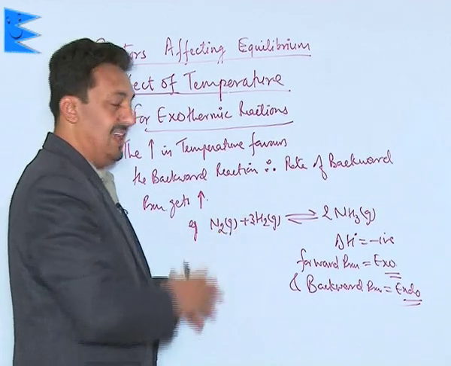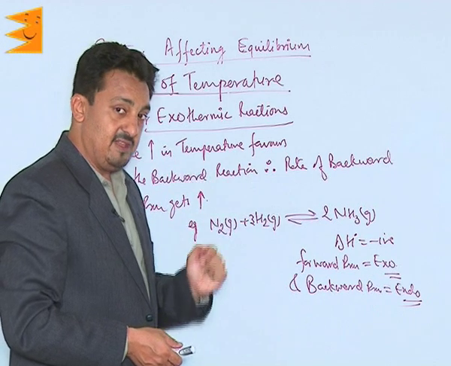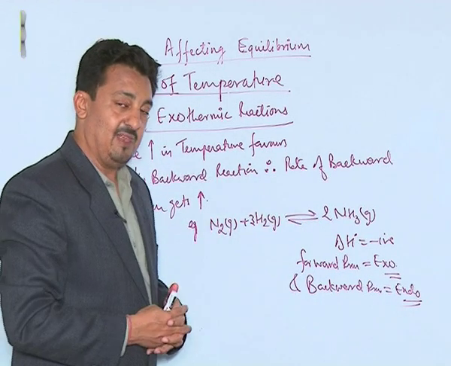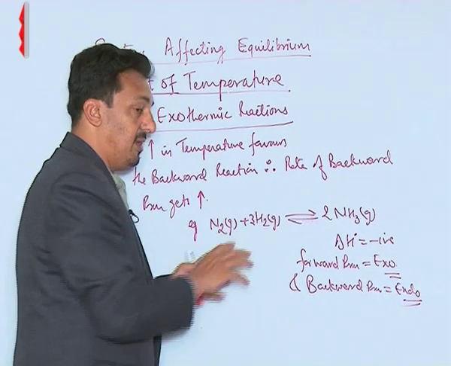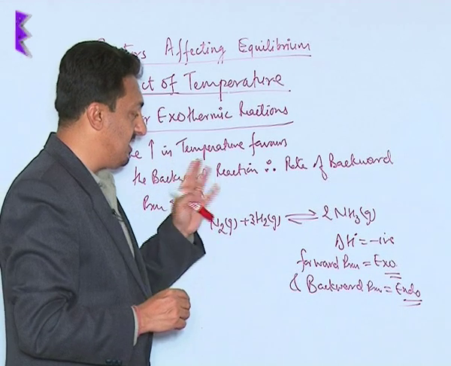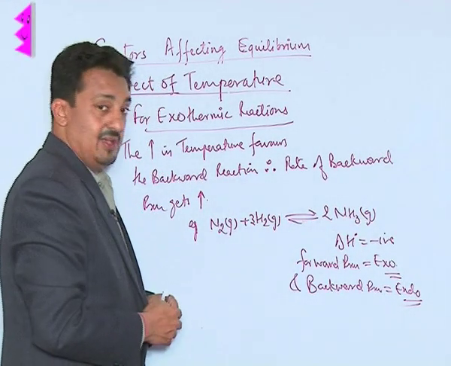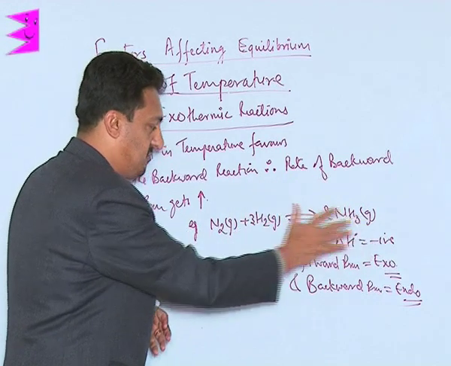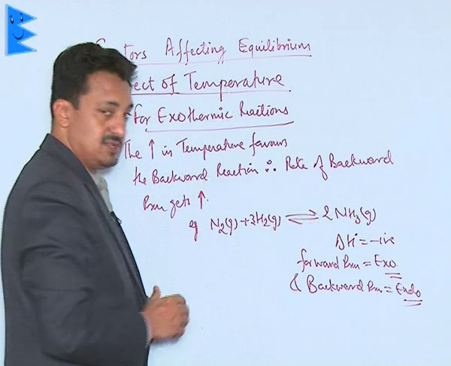Now for such a case, if the temperature is increased, it means we are giving energy to the same reaction. It means we are favoring the backward reaction, because in the forward reaction energy is released. So if the temperature is increased for such an exothermic reaction, we are favoring the backward reaction. The equilibrium will shift towards the backward side. Rate of backward reaction gets increased.